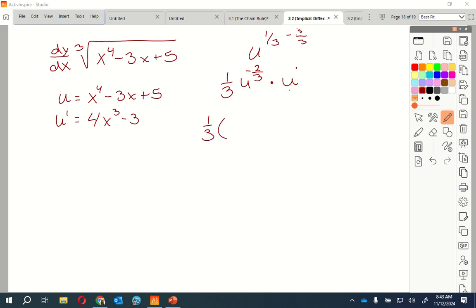Parentheses, my u, which is x to the 4 minus 3x plus 5, close, to the negative 2/3 times my u prime, which is 4x cubed minus 3.